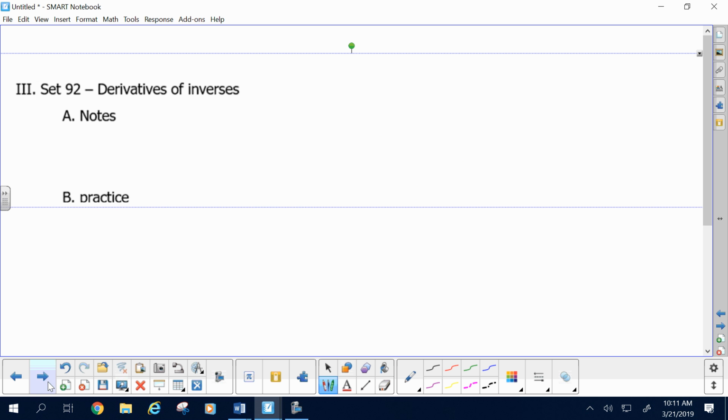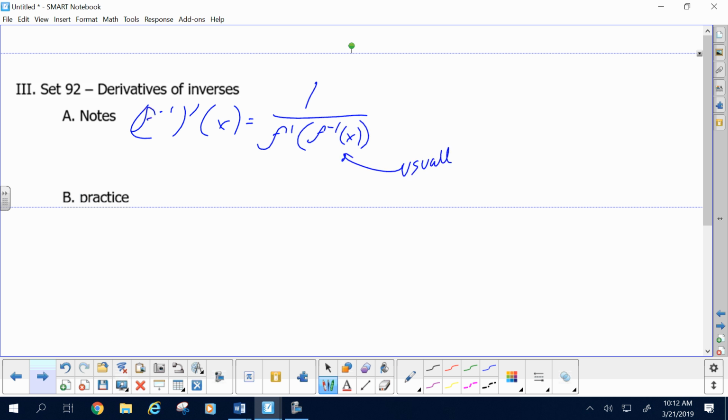Derivatives of inverses. The derivative of an inverse is 1 over the normal derivative at the inverse point. Usually this can be found by guess and check. But basically, you'll be given this value at which they want the derivative.